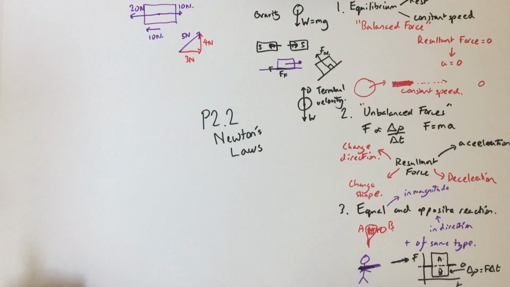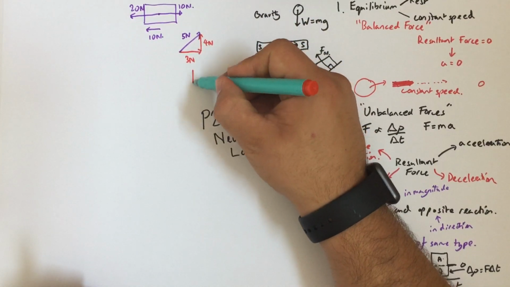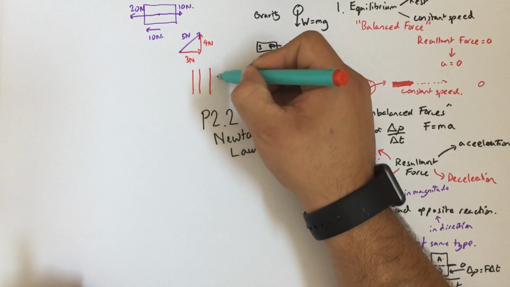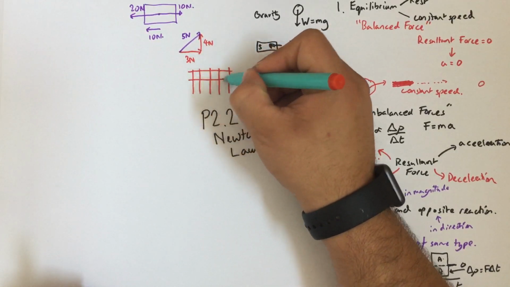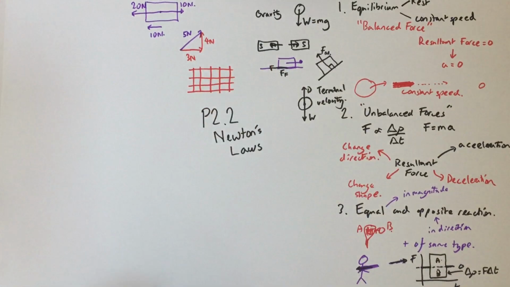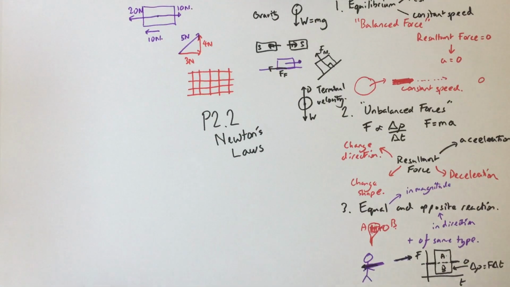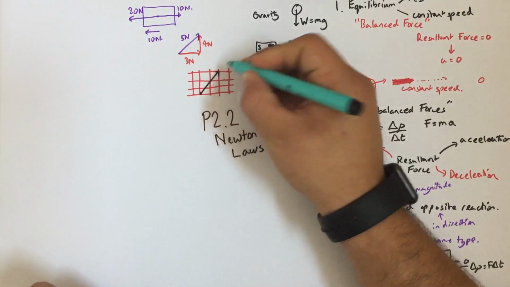So you can break forces down like that. If you're asked to do that in your exam, what you would most likely be asked to do is to put it onto a scale drawing. So, for example, you might have a grid in your exam. It's just a very crude representation, and you may be asked to start at this point, for example, and the resultant force is like that.